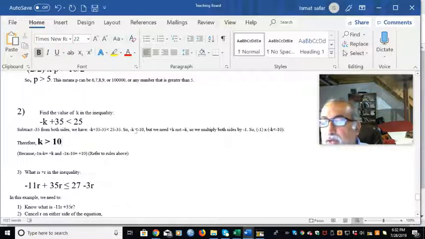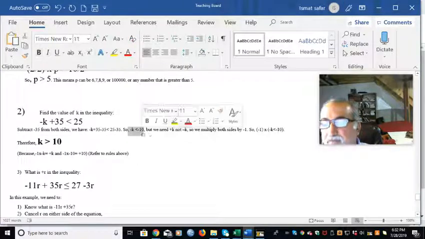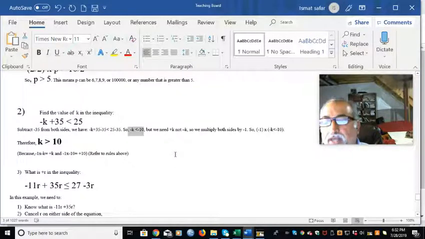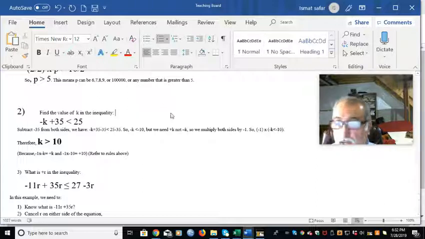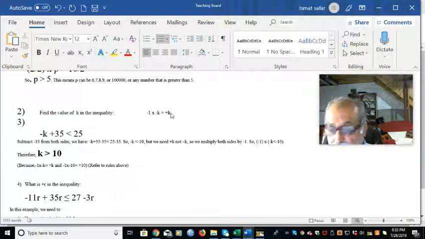In order to get the actual positive k, we need to multiply. What is the number that, if we multiply by negative k, will give positive k? It is negative 1. Negative 1 times negative k equals positive k, which is actually k.